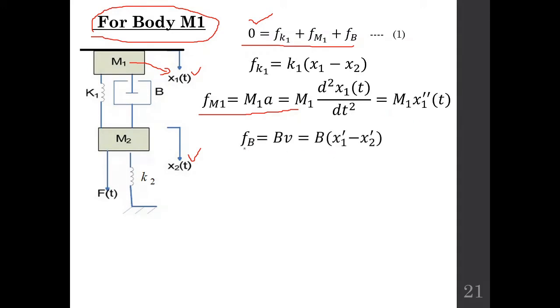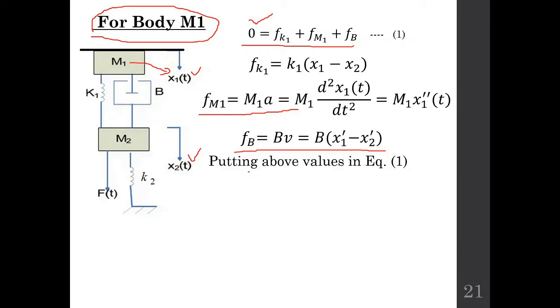And for the dashpot, the equation of the force will be B into V. Now, this dashpot is connected between this point x1 and x2, and in the same way as we have used for the spring, we'll be considering that x1 is greater than x2. So the equation for this opposing force due to the dashpot will be B into x1 dash minus x2 dash.